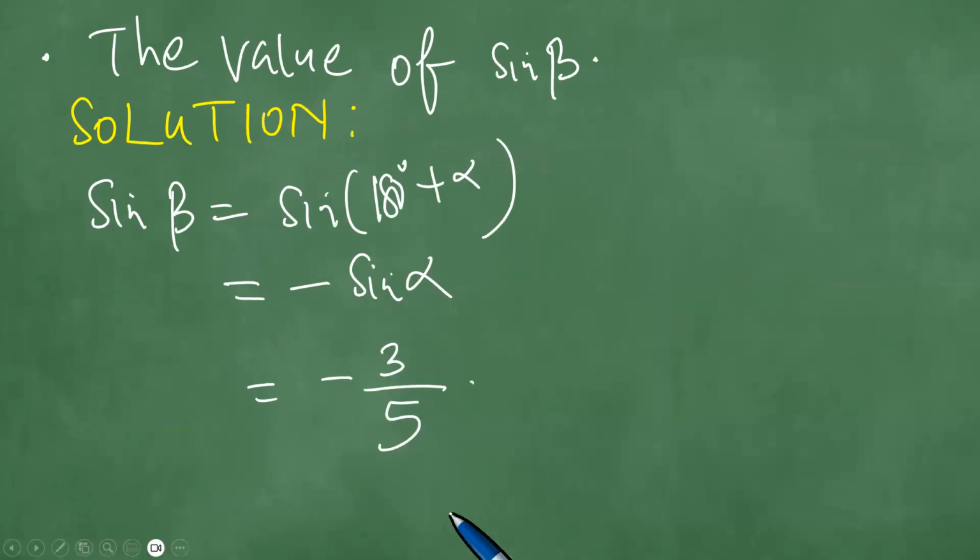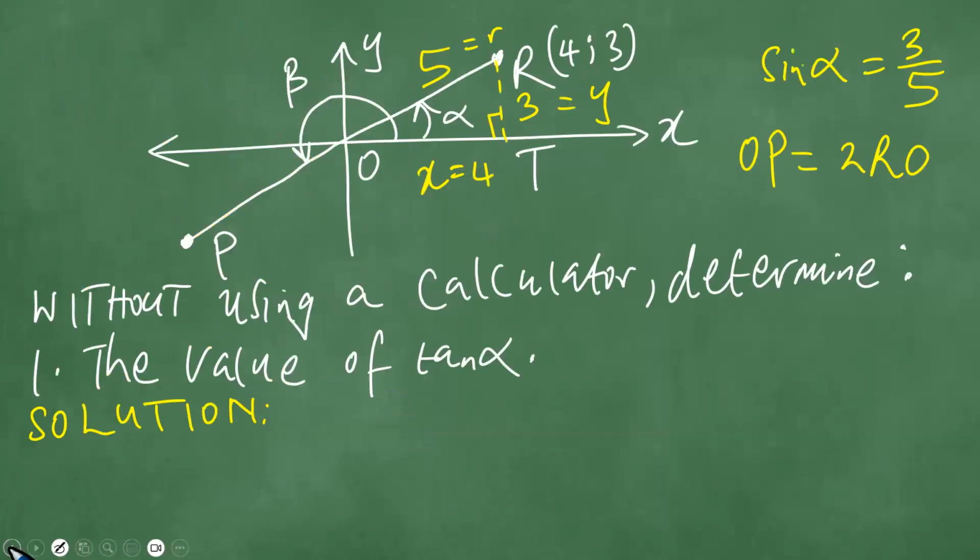Did you think that it was going to be minus 3 out of 5? Can't remember if you said that. No, sir. Okay, I'm trying to remember if you said something close to that. But this is the answer. This is how it's done, because this is how we can connect angle beta and angle alpha.